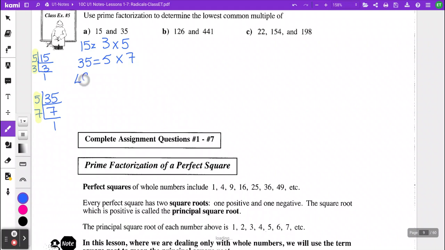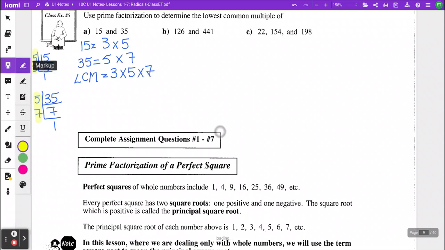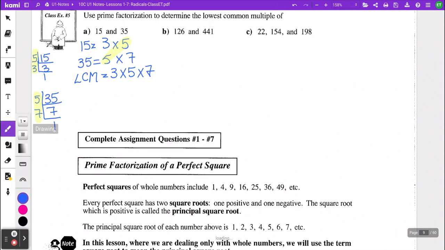So my LCM is going to be 3 times 5 times 7. This is the one they have in common. There's 2 of them. We take the least amount. So that means there's only 1 of them. And we multiply that out. That's going to give us an LCM of 105.